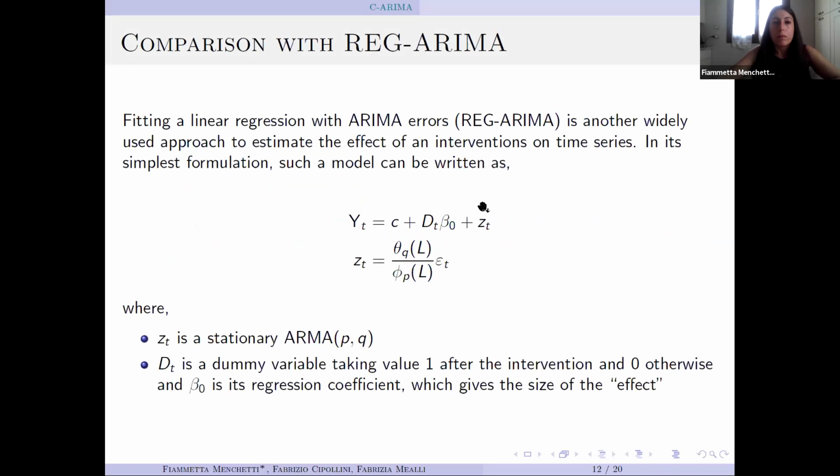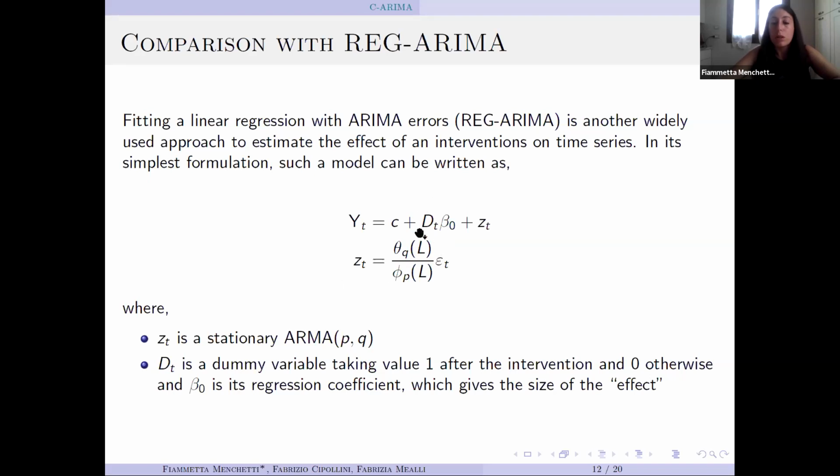So I wanted to spend a few minutes on the comparison with the usual interventional analysis approach. This is a very simple approach that you can use in the econometrics literature under interventional analysis if you believe that your intervention has had a level shift effect on the outcome.